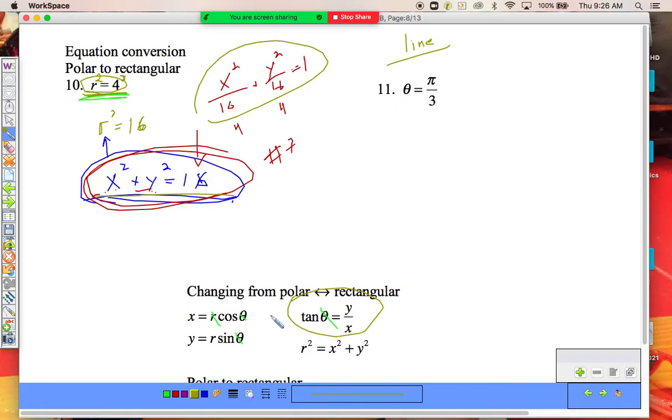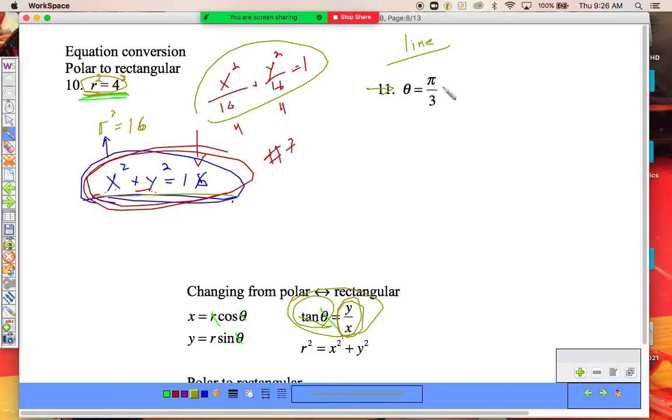There's a couple ways of looking at this, but I need to end up with a tangent of theta in this equation so I can substitute. My original problem, theta equals pi over 3, I need to end up with a tangent in it. When I have tangent of theta, I can substitute y over x in its place.